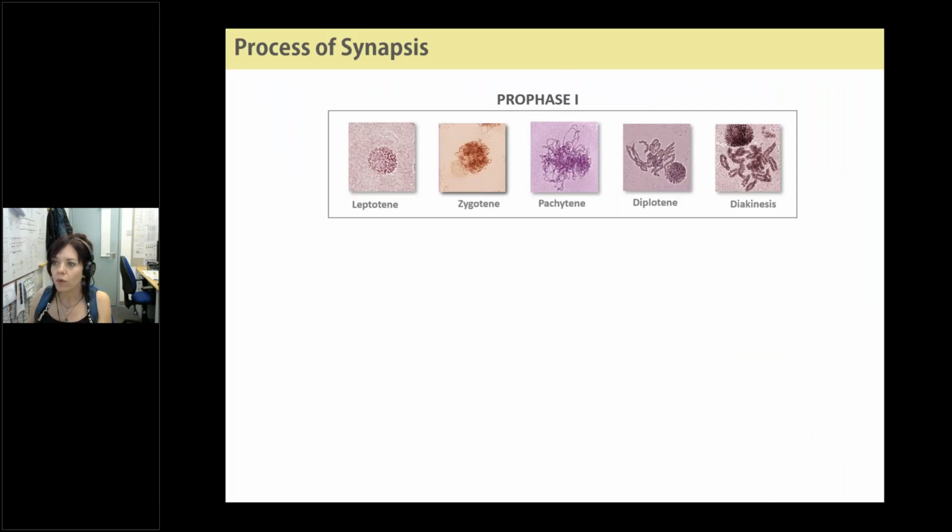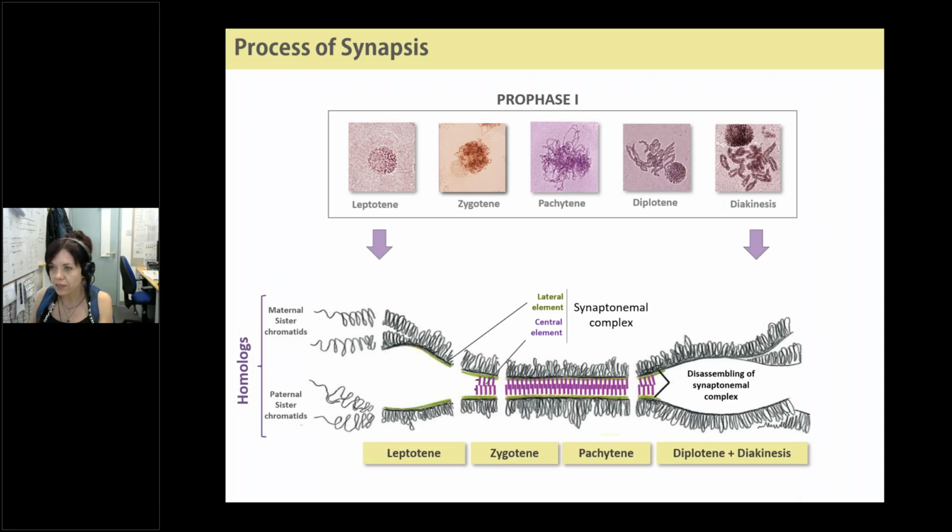But focusing on prophase 1, for recombination to happen, one of the things that is absolutely necessary is that homologous chromosomes synapse. And I want to define clearly this concept because I will be constantly talking about it later during the talk. So synapsis is the process by which homologous chromosomes associate along their length.